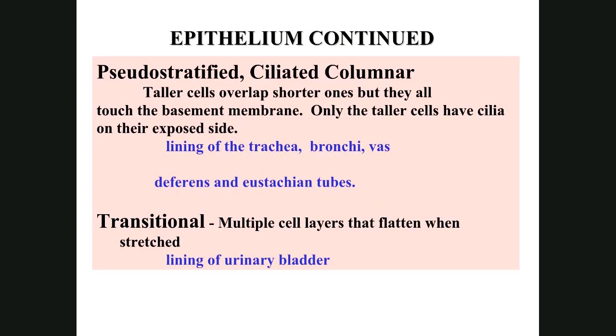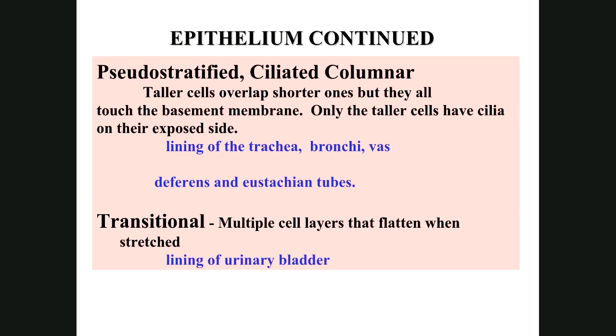Then we get to a very interesting one, the last thing about epithelium. There's a kind of epithelium tissue called pseudostratified ciliated columnar. Columnar means obviously they're columns. Ciliated means it has cilia on the edge, so they can wiggle back and forth and create a current in a tube.